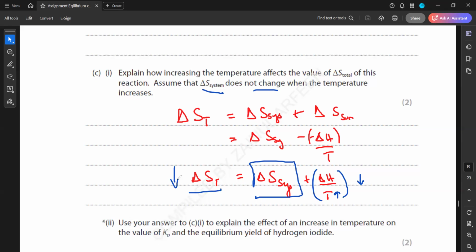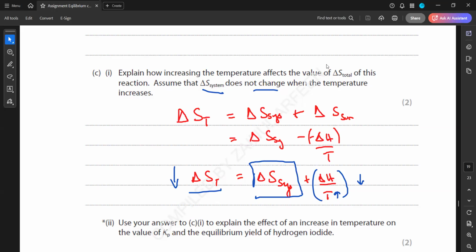You're not supposed to write the equation, but you're supposed to use the terms. You will say that total entropy is the system plus the surrounding. The system does not change, and since the reaction is exothermic, the surrounding will be delta H over T. So as the temperature rises, the entropy of the surrounding will decrease, so the sum of the system and the surrounding will also decrease.